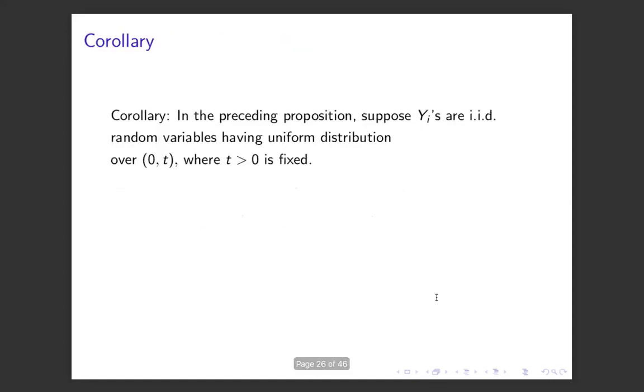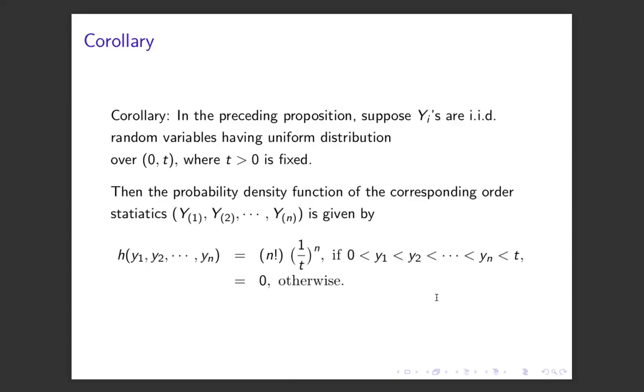And also we had seen this corollary. In case the IIDs happen to have a uniform distribution on the interval 0 to t, then the PDF of the order statistics at y1, y2, ..., yn equals n factorial multiplied by 1 over t to the power n.